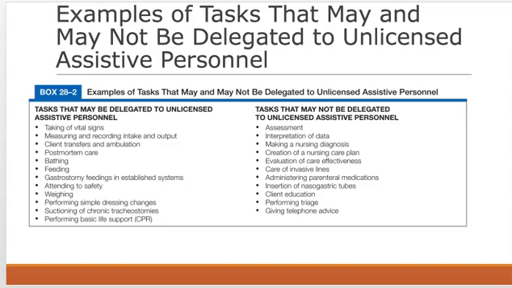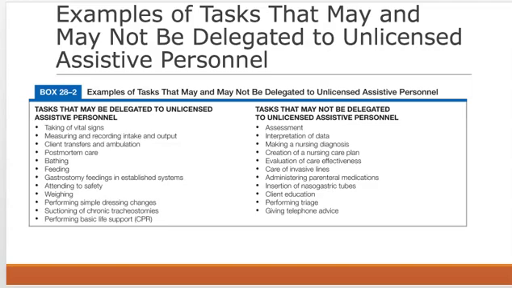Some may be able to do G-tube feedings. Honestly, in our hospital we do not have UAPs that do that, but this might be dictated by the state rules or your organizational rules.